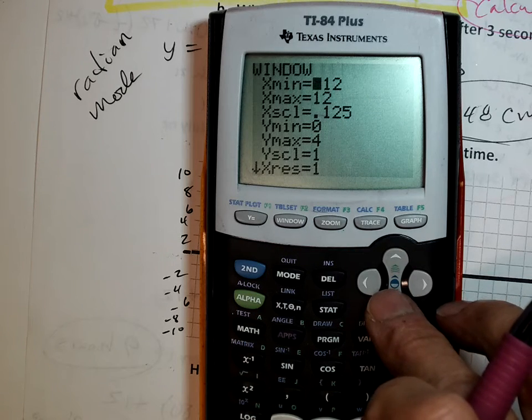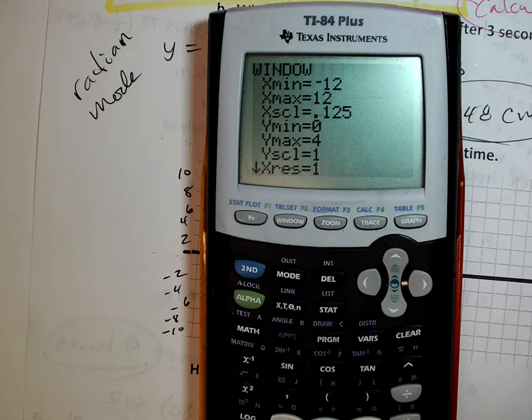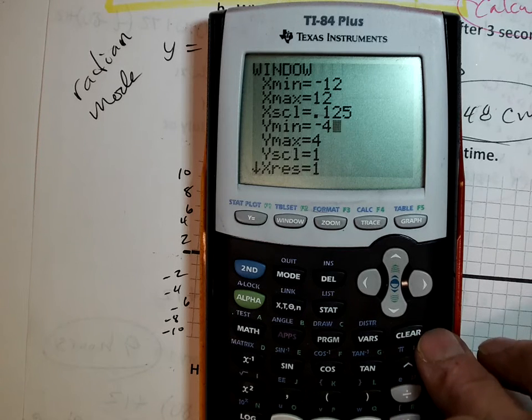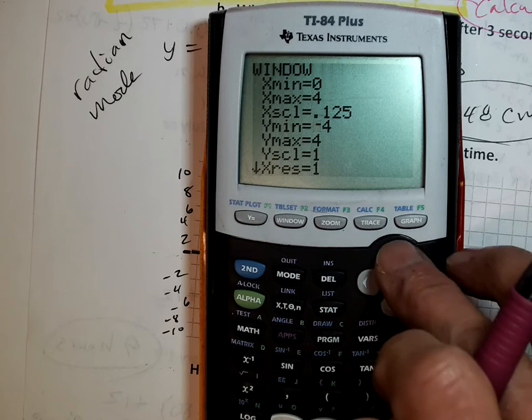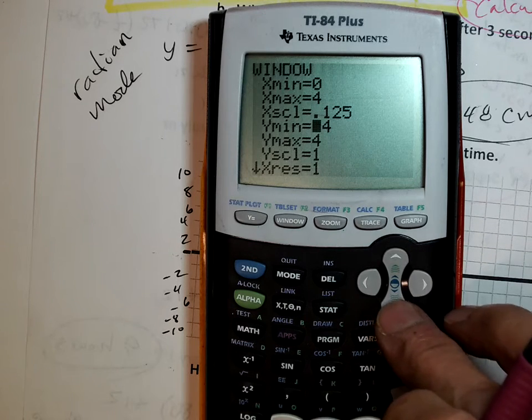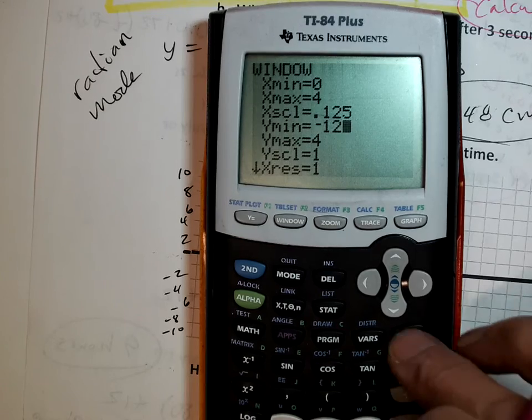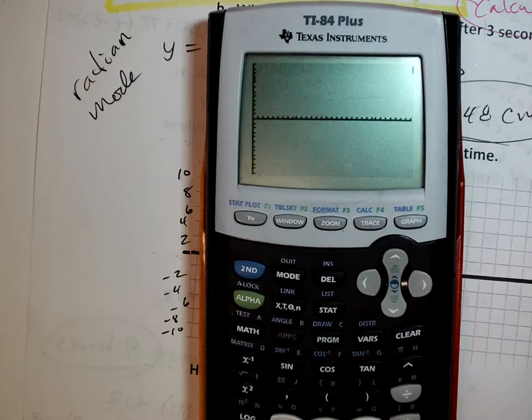Negative 12 to 12. Oh, negative 4, no, 0. Leave it alone. 0 to 4, and negative 12 to 12. There we go.